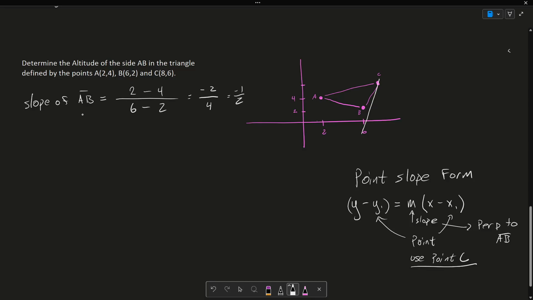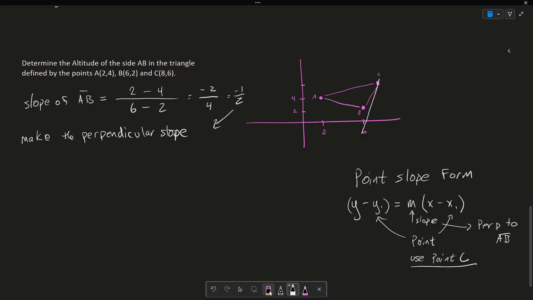Negative 1 half. And remember, I now have to make the perpendicular slope. I have to take this, reciprocate it. What's the reciprocal of negative 1 half?